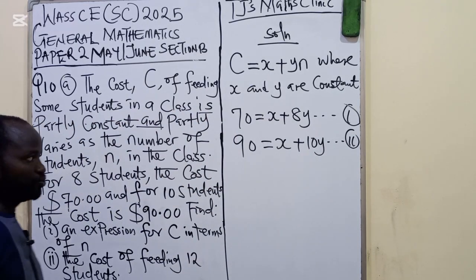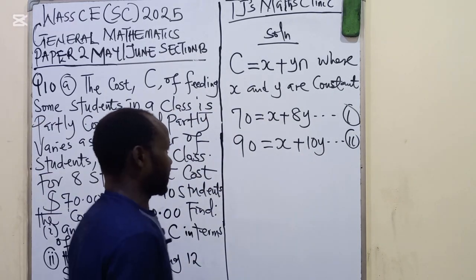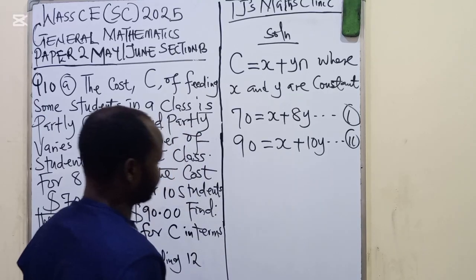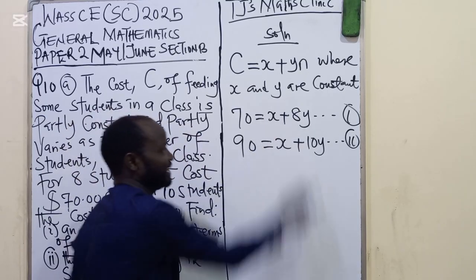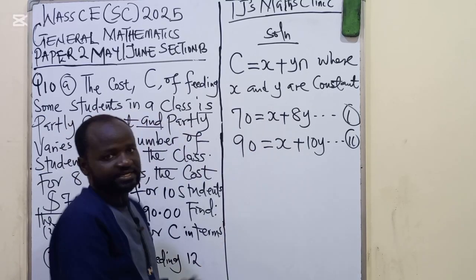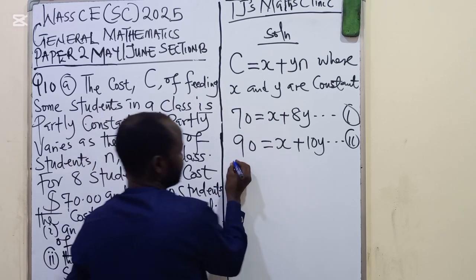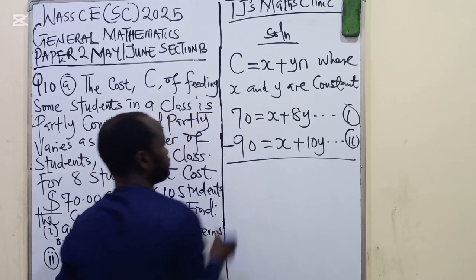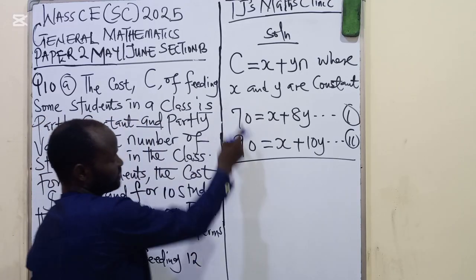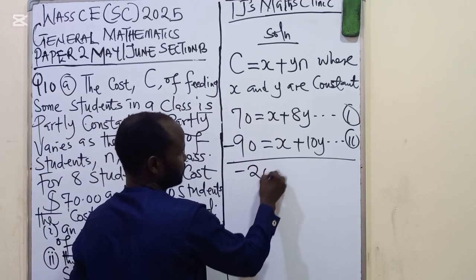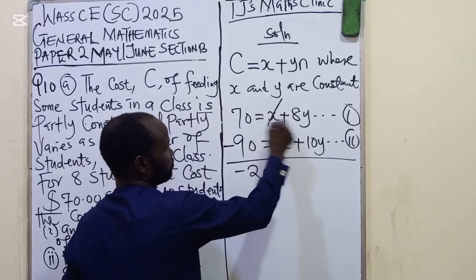So we have two equations that can be solved simultaneously. We can use elimination, and you can see clearly that we can easily eliminate x by subtracting equation 2 from equation 1. We put a minus sign here. 70 minus 90 is minus 20. x minus x is 0.